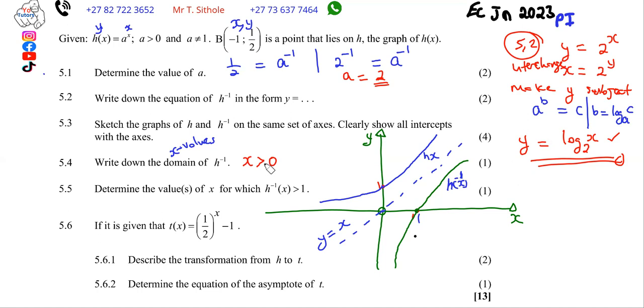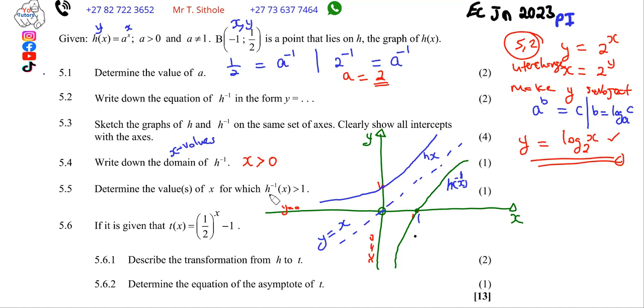We can't say or equal to here because x cannot be equal to 0, since the y-axis is an asymptote. The y-axis is x equal to 0, and the x-axis is y equal to 0. That's something for you to remember.